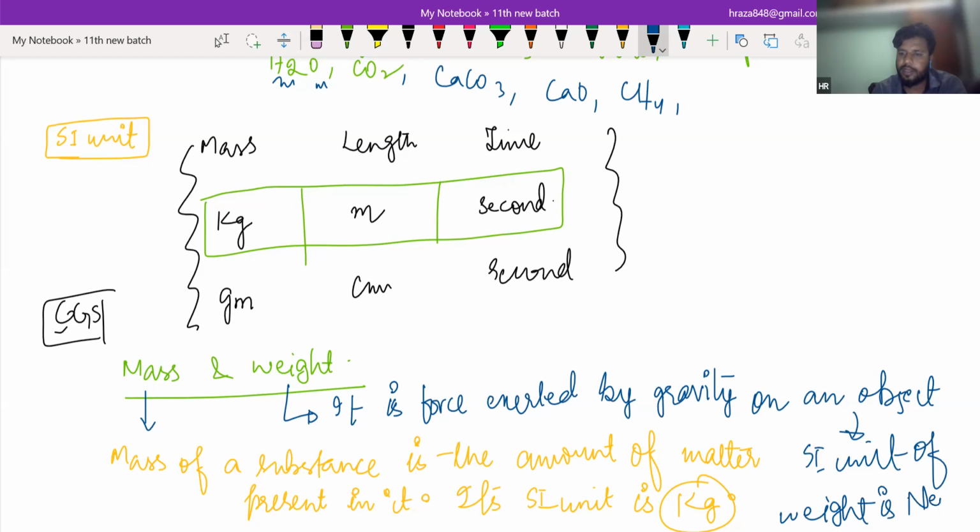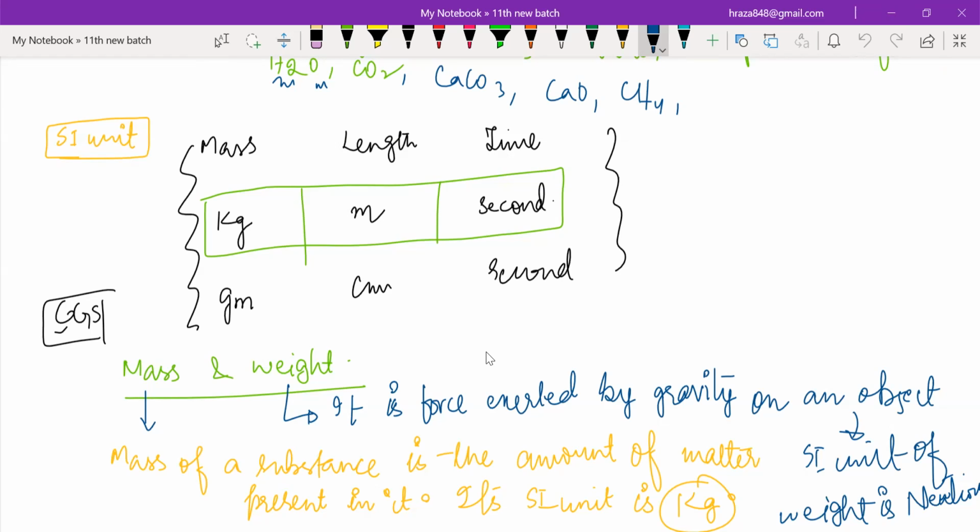So this is the basic difference between mass and weight. But in chemistry, when I tell you molar mass or molar weight, mass or weight will be treated as the same. Is that clear, Iram? Arnav? In physics, it will be different. Yes, sir. Okay.